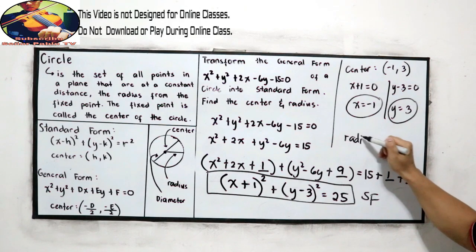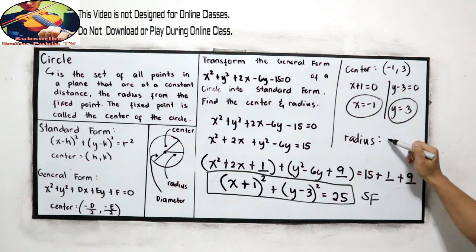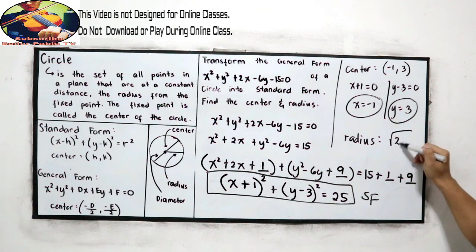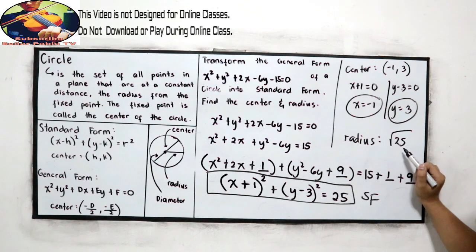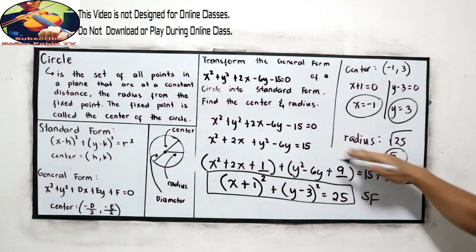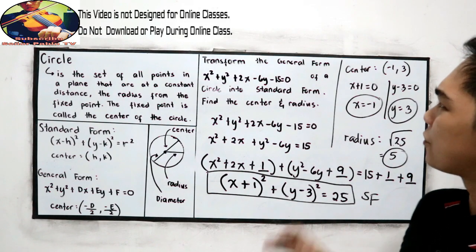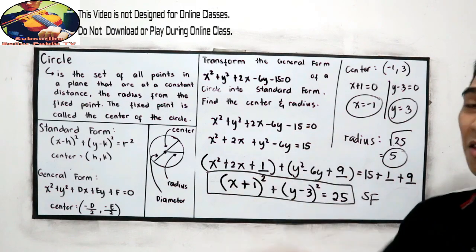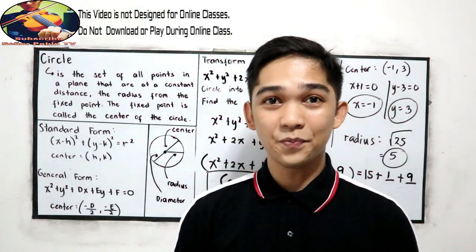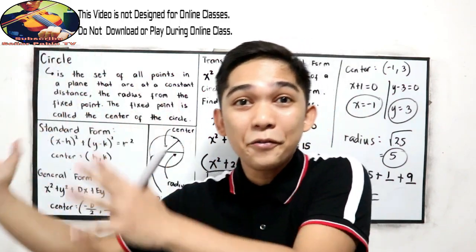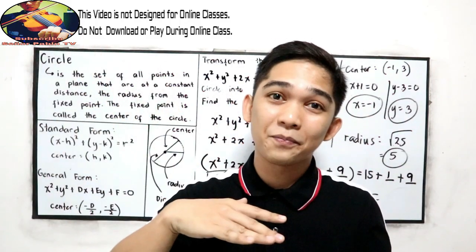And the radius, that is the square root of our constant, which is 25. Is 25 a perfect square number? Yes. So, the square root of 25 is positive 5. So the radius is positive 5. So that's how to transform general form into standard form. For our next video, we're going to discuss transforming standard form into general form.